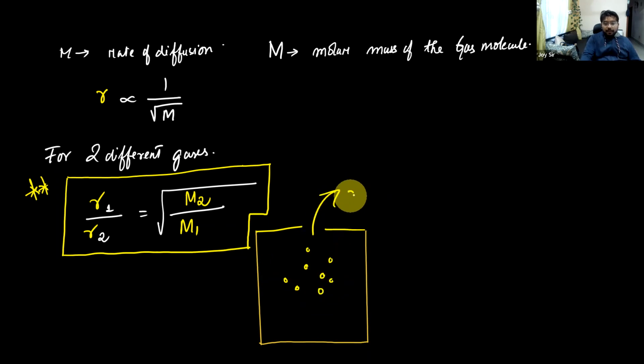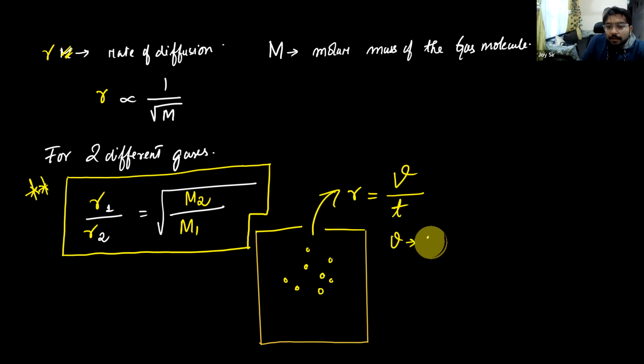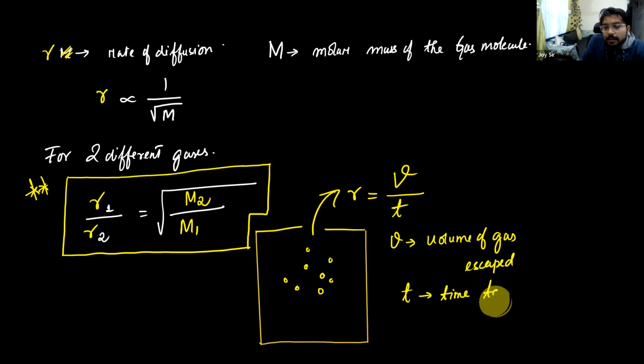The rate of diffusion R is also given by the volume of gas escaped out of the cylinder. If the gas molecules inside the cylinder go outside, then what is the volume that has escaped divided by how much time they took to escape. So R is equal to V by T, where V is the volume of gas escaped and T is time taken.